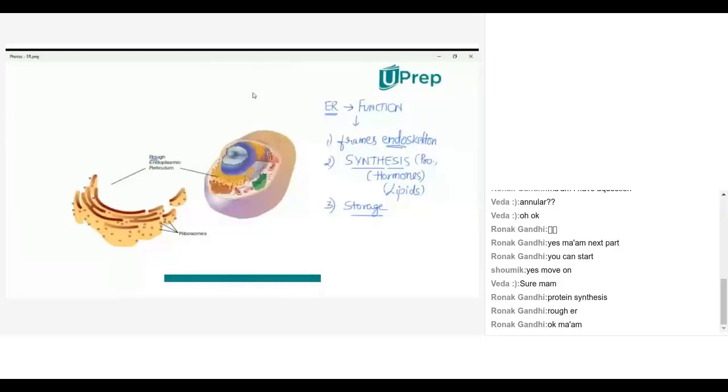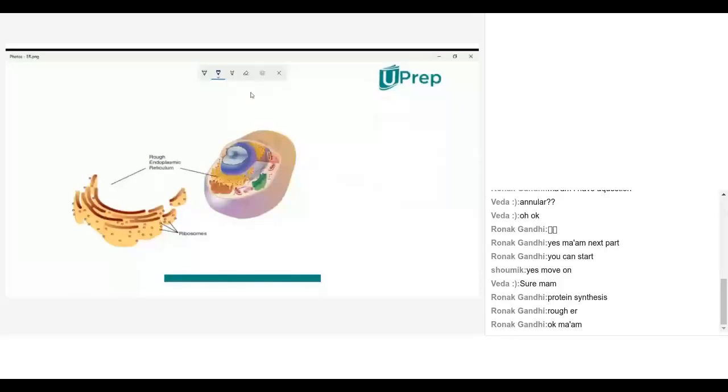Now, if you go only to the smooth endoplasmic reticulum, the first function of the smooth endoplasmic reticulum is that it influxes or pushes ions into muscles.